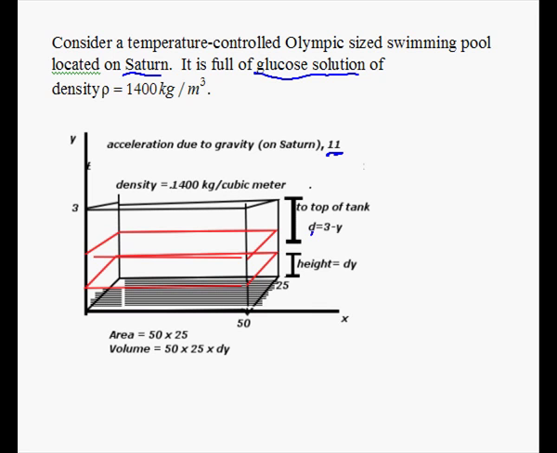Here is the distance. Olympic-sized swimming pool, it's 50 by 25. So the cross-sectional area, because it's a rectangle, is 50 times 25. The volume in each slab is that area times dy. Area is 50 times 25, and then here's your dy.